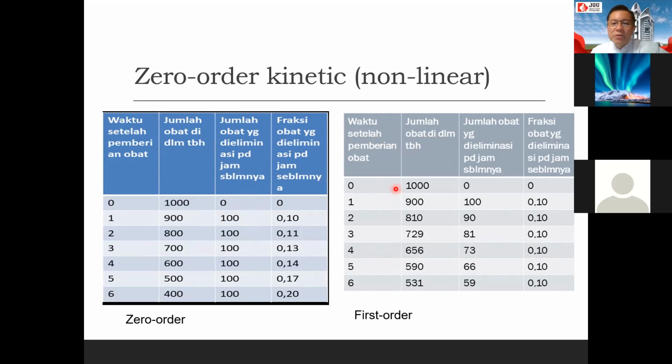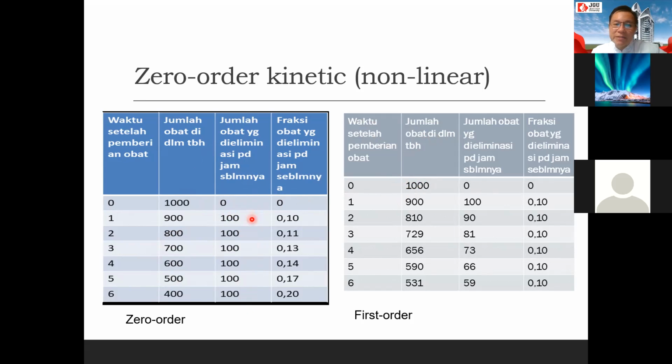But this is a good table, because you both start with 1,000. This one is zero order. In zero order, you have a constant amount of substance eliminated, because this is the capacity of the enzyme.